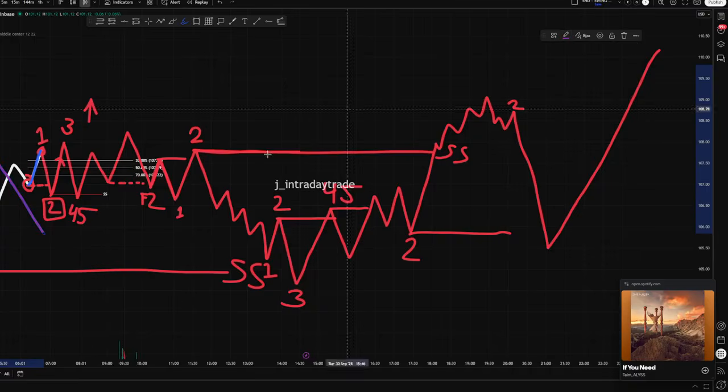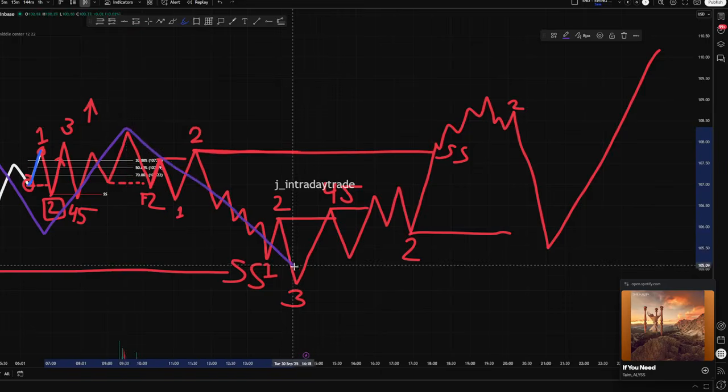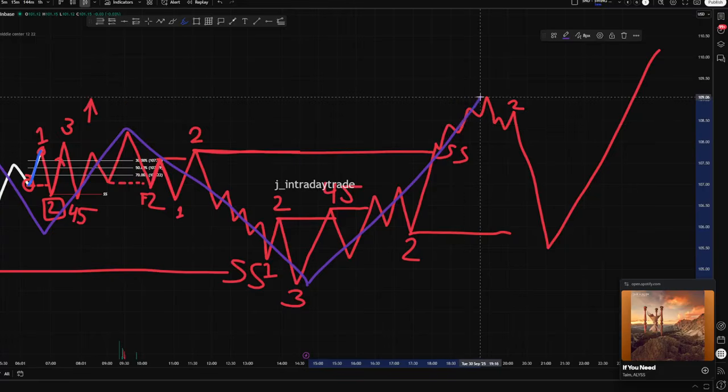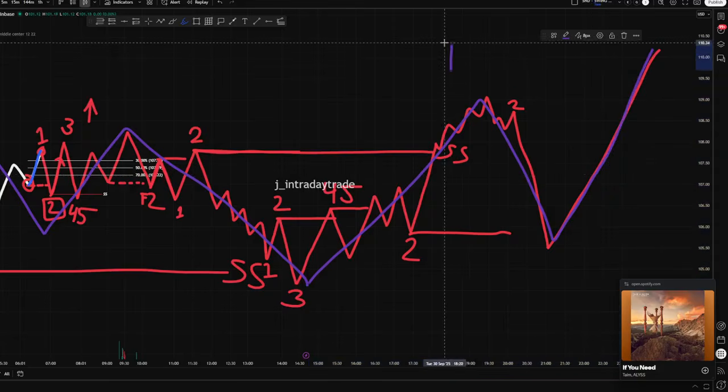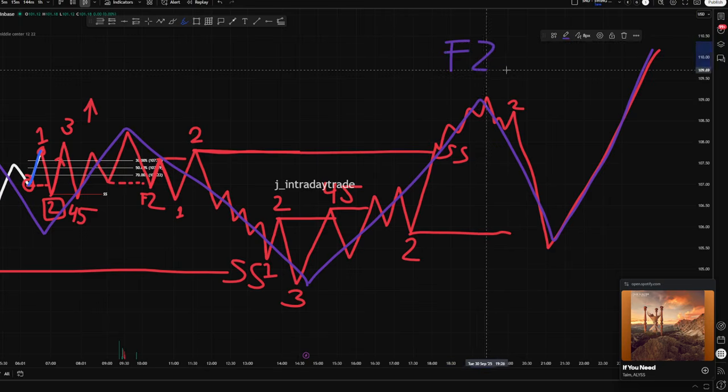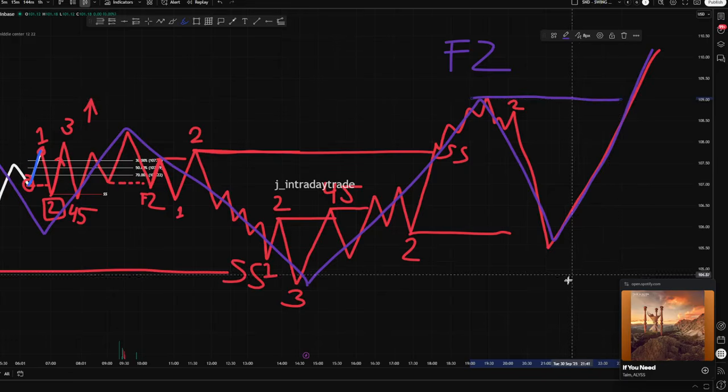With a purple line here. Because what I've been doing all this time is what? It's just a failed two on the higher time frame without you even seeing it.